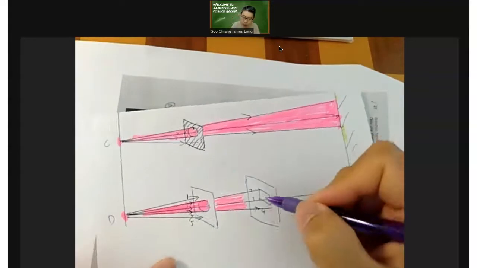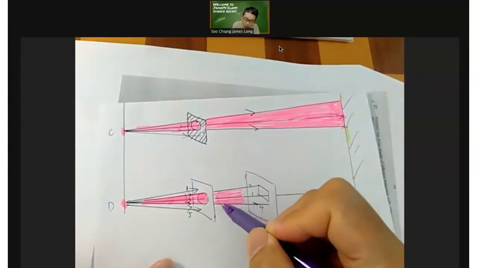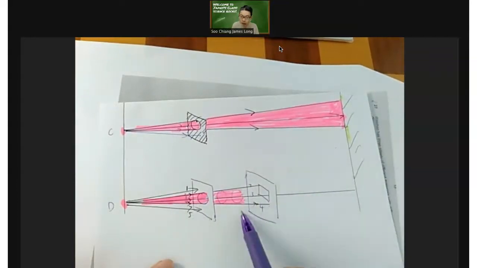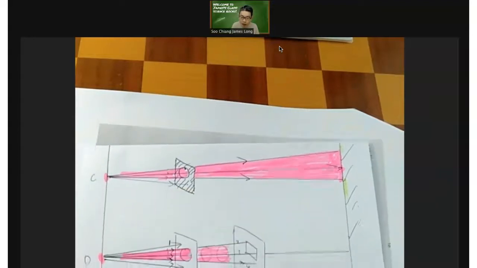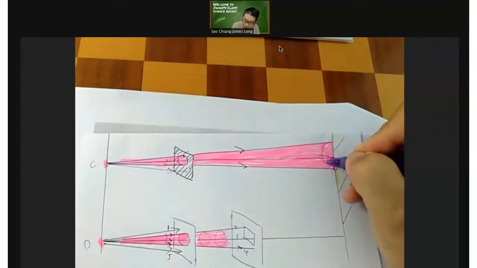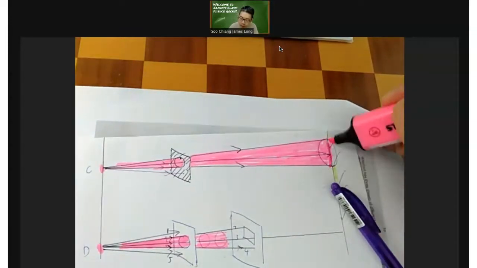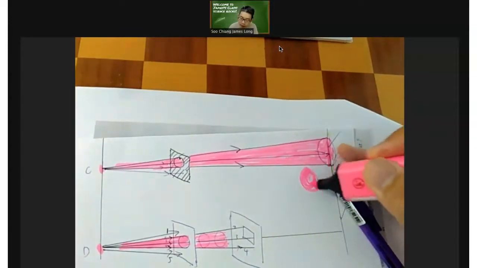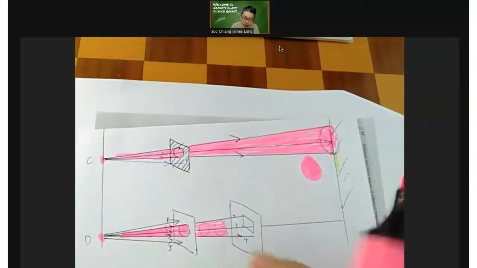You see, if I were to draw a circle, the light here is a cone of light, a cone of circular shape. If it is just this shape alone without the square, you will see a circular spot of light on the screen, just like that. Now imagine this is the shape of the light that shines on this.